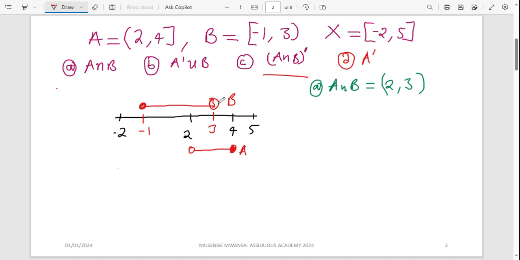This is set B. We want these two where they are intersecting, so they are intersecting here. So I can transfer this on another number line just to be smart, to look clean. Okay. So you can see the intersection of the set A and the set B is between 2 and 3. Now let me ask, is 2 going to be part of the intersection?